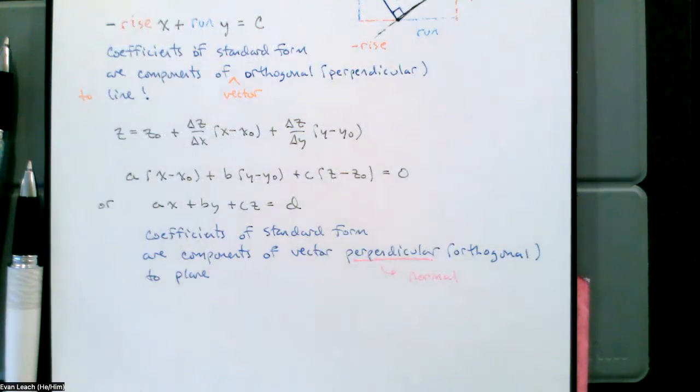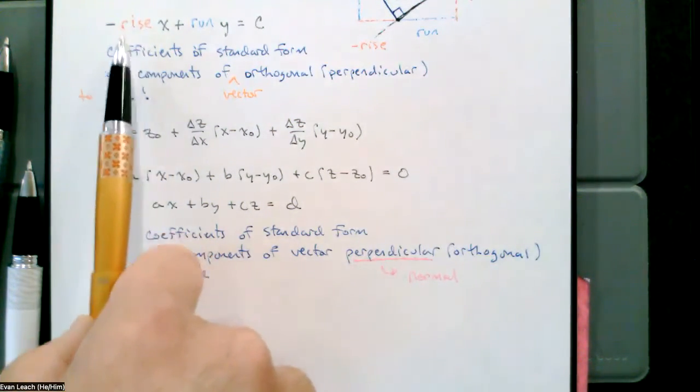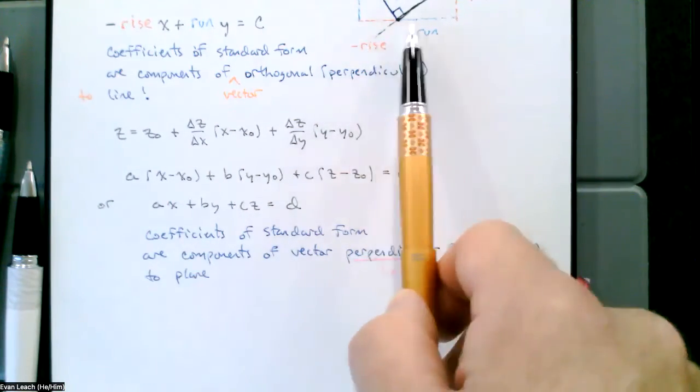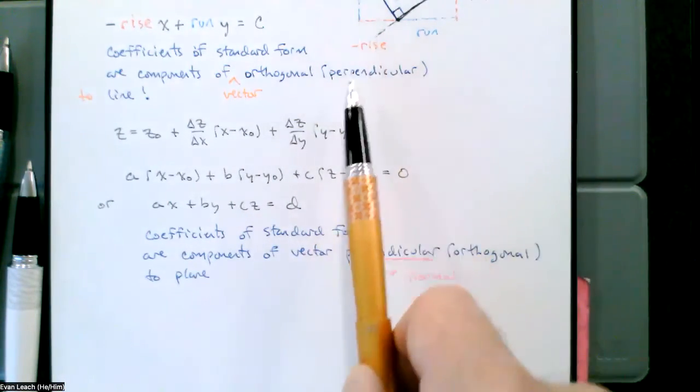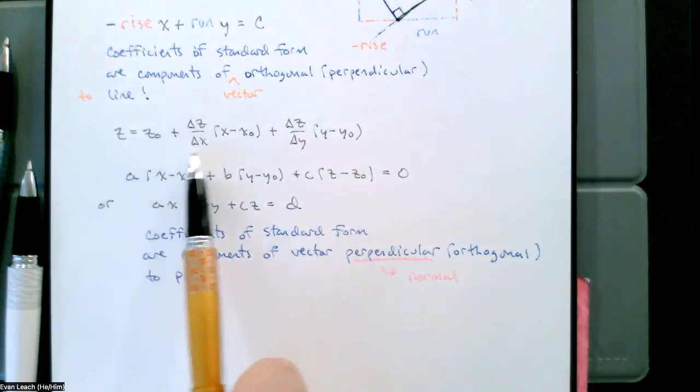Well, I absorb any kind of sign changes because I just called them A, B, and C, where up here I was trying to highlight the fact that we have minus the rise. So I could put a minus rise over here and then a run. So there will be sign changes depending on what we write up here.